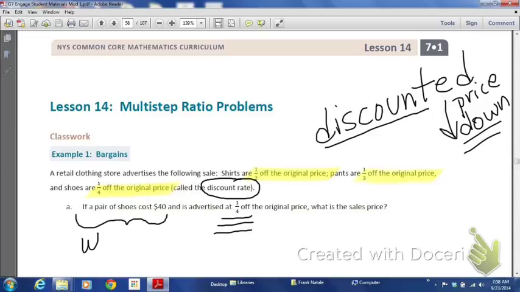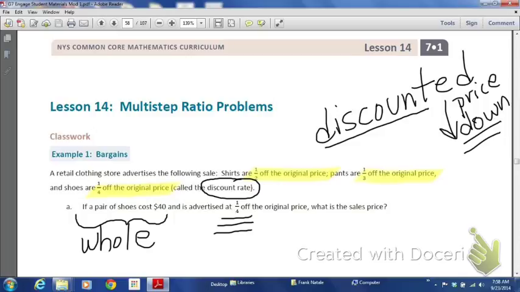So here's our whole. Our whole is $40, and again, we really like to stay cognizant, truly understand this idea of whole and parts. So a pair of shoes cost $40.